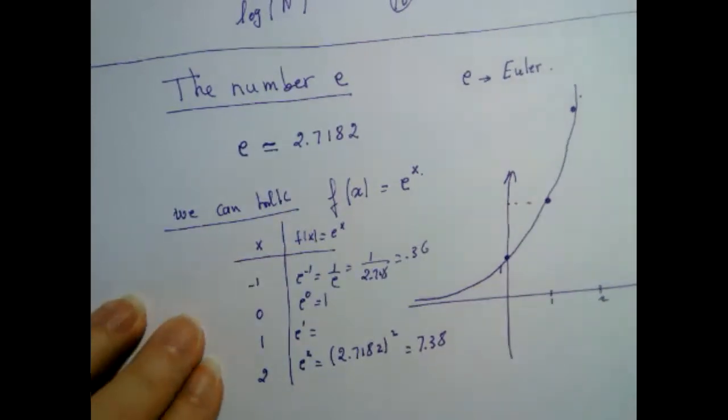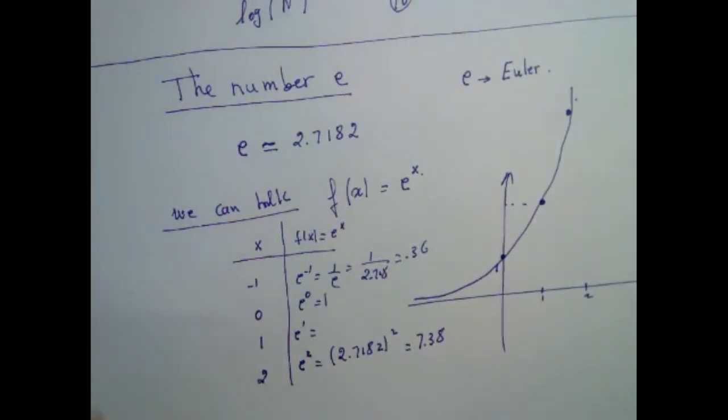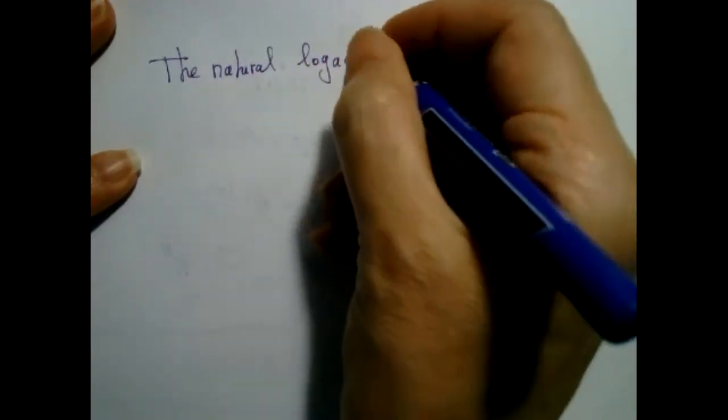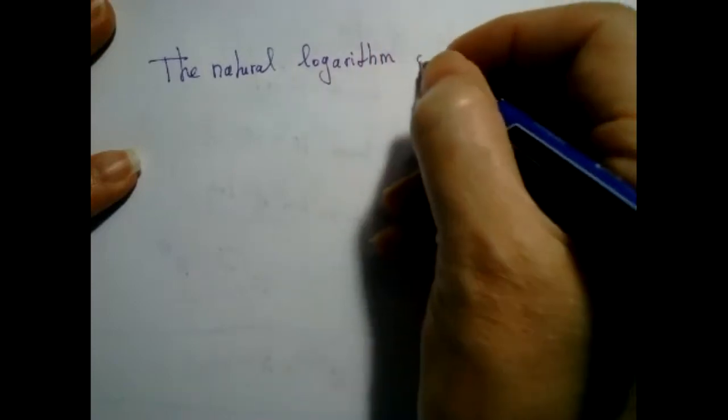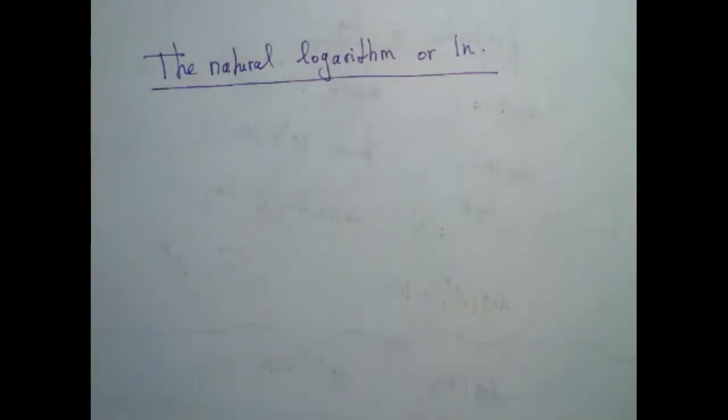Now, what are we going to talk about as far as the logarithm is concerned? The natural log, or the ln function. So we're going to introduce a function that we're going to call the natural logarithm as follows.